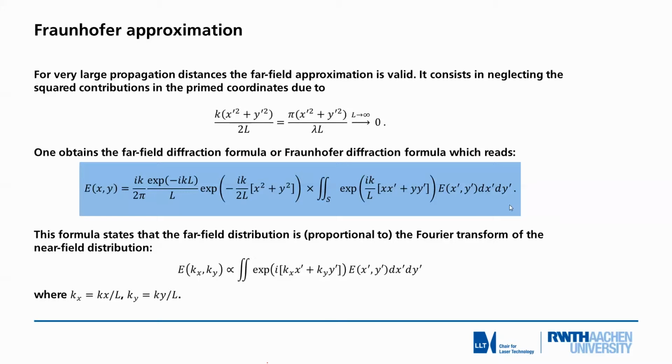And this formula states the far-field distribution, and it is actually mathematically pretty straightforward and simple because it is directly proportional to the Fourier transform of the near-field distribution. In this case, we already see the clear correlation of the far field and the very near field in the vicinity of the diffraction pattern.